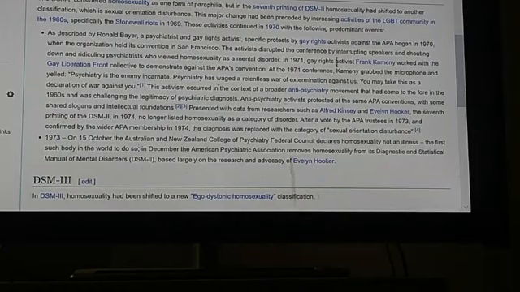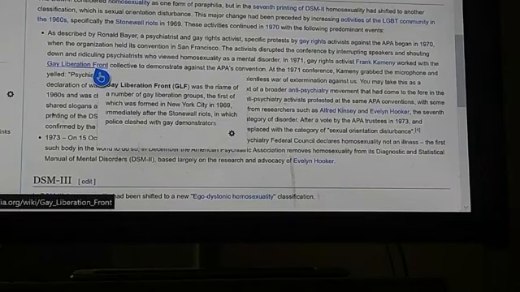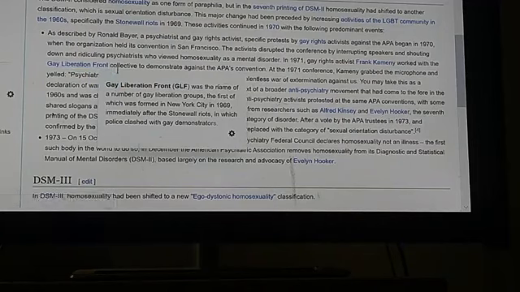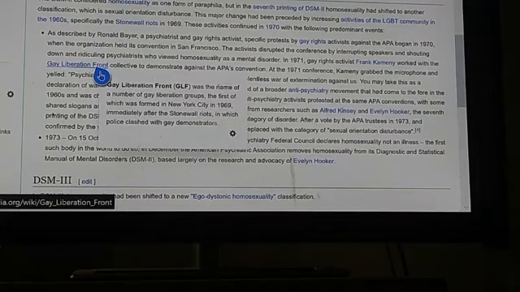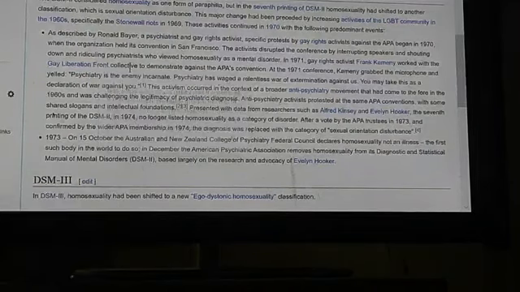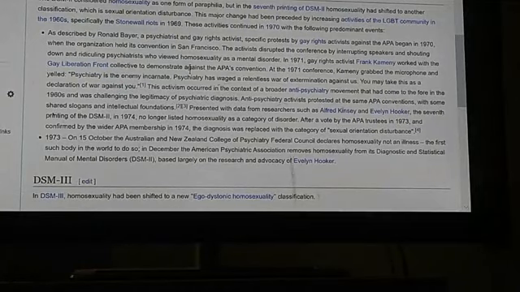In 1971, gay rights activist Frank Kameny, I hope I didn't butcher the guy's name, worked with the Gay Liberation Front Collective to demonstrate against the APA convention.